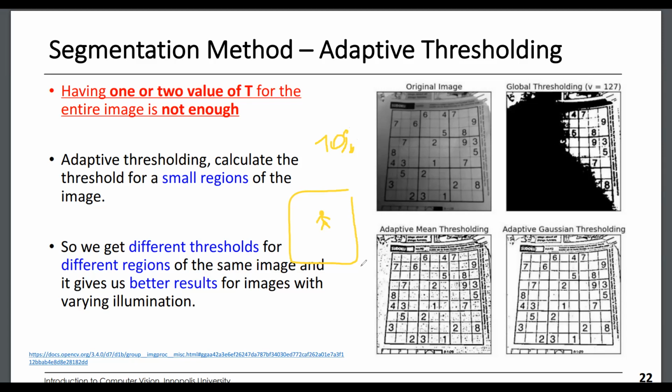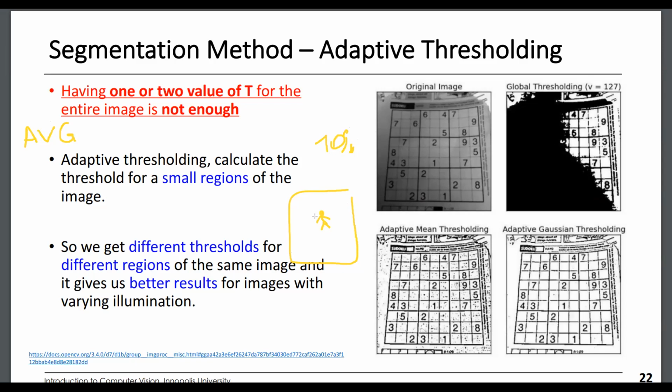Remember when we said that this case is very bad for the average threshold. If we take the average pixel and use that as the threshold, this case is very bad. It does not help us because the background is too big and it will not be able to do the separation correctly.